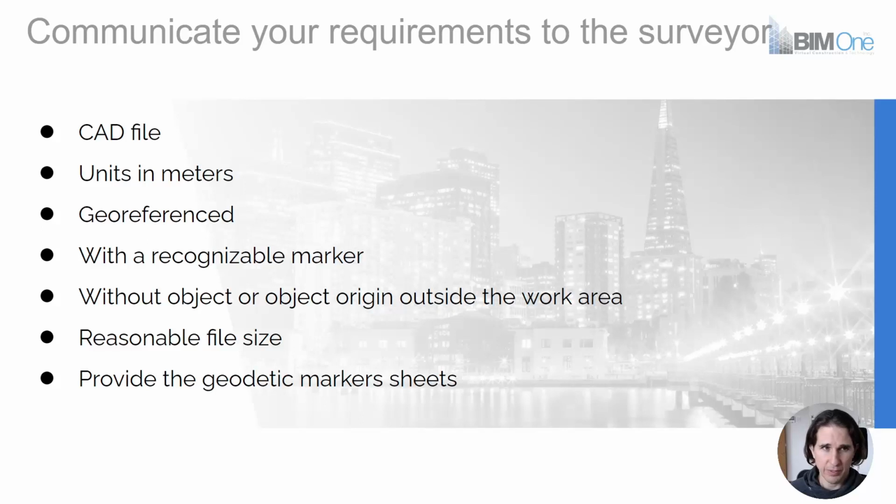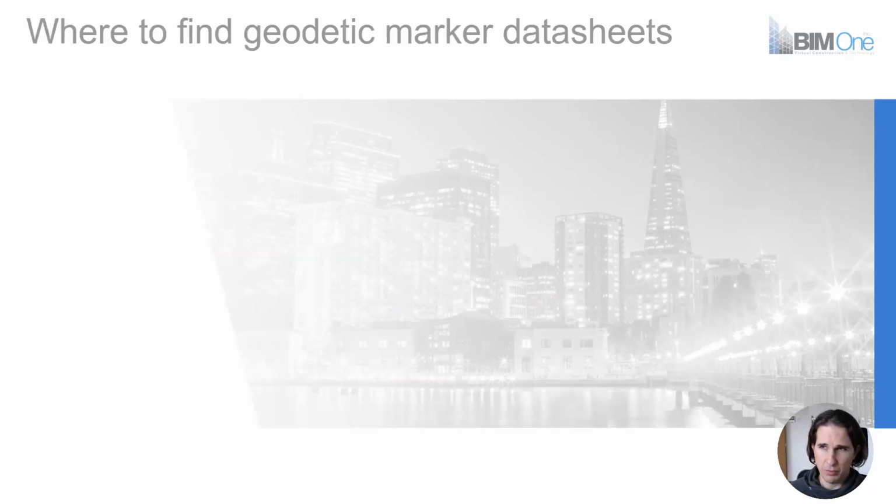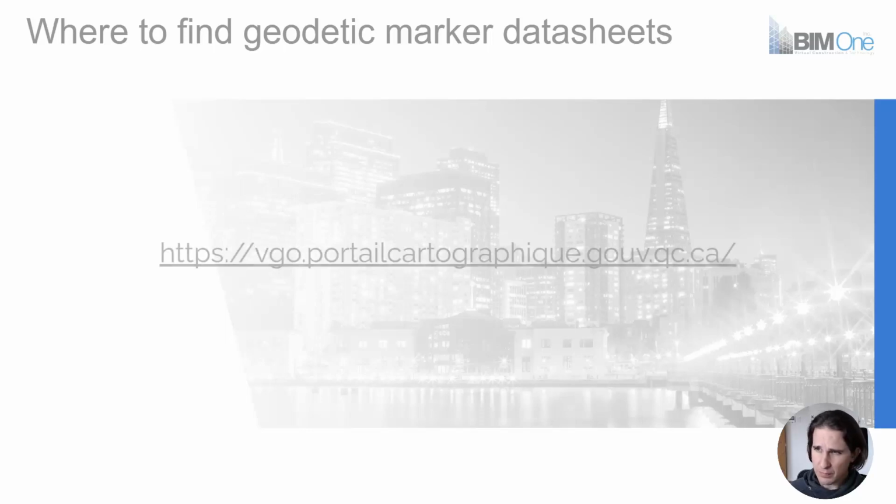That's the next point actually, and that will pretty much conclude the presentation. Where would you find these geodetic marker data sheets? Actually, there's a pretty good website, mostly for Canada, the Portail Cartographique, where you can find these data sheets. I'm going to show you where and how exactly.